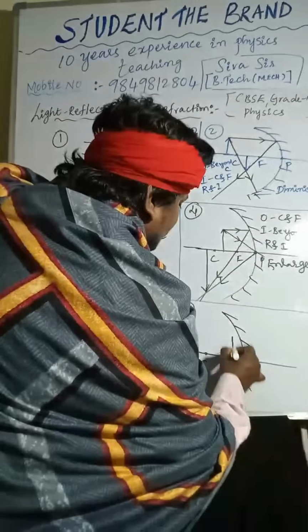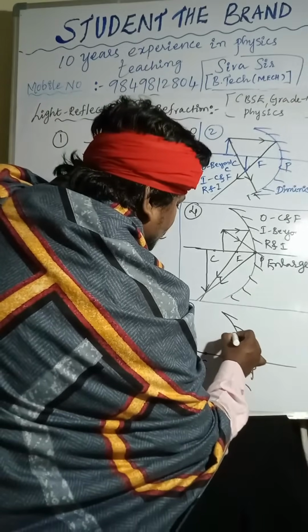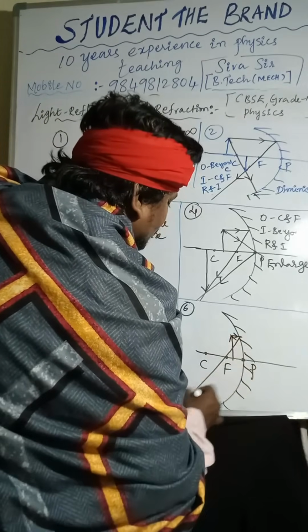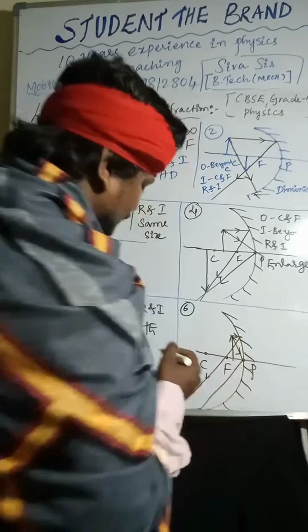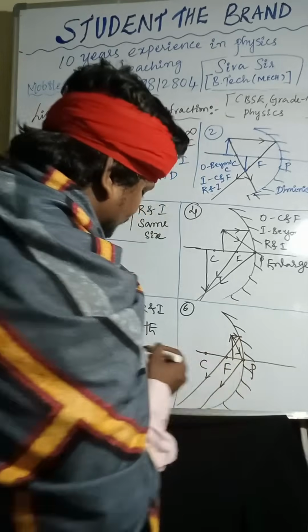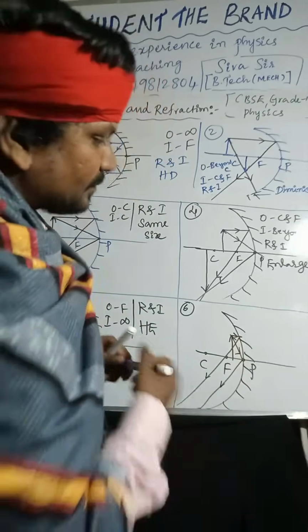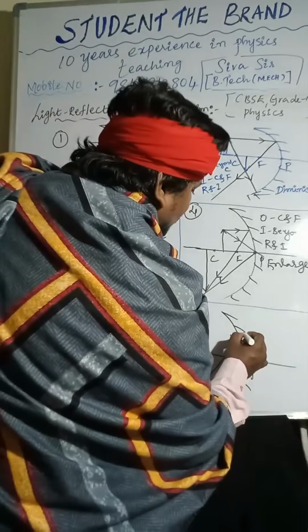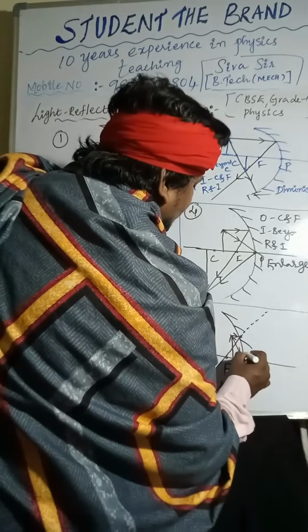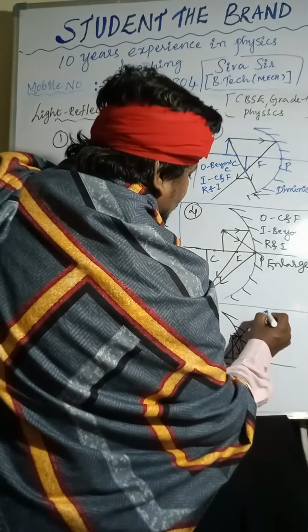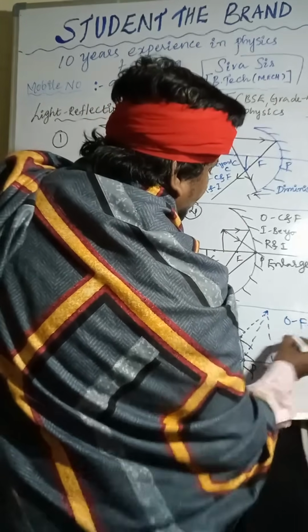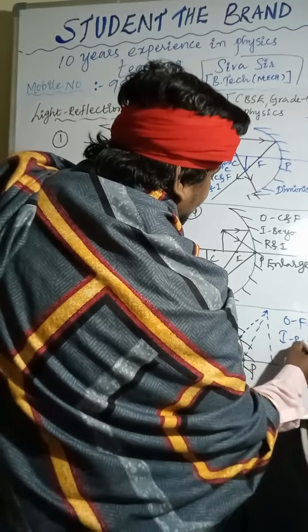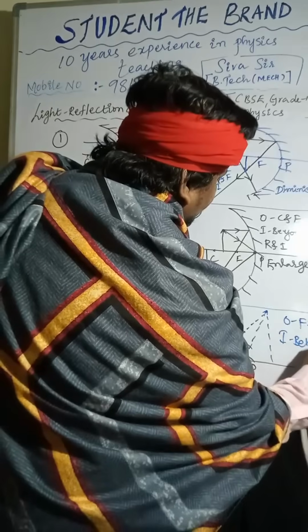Image will form. So behind the mirror. Object is placed between F and P. Image will form behind the mirror.